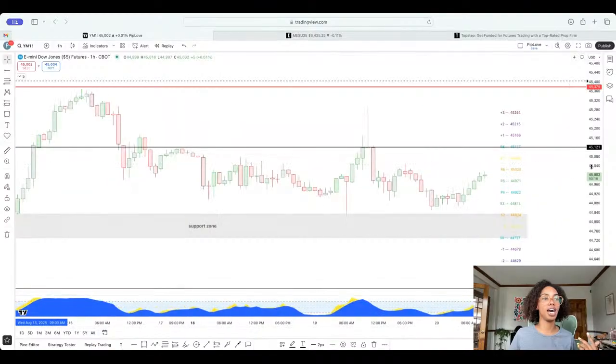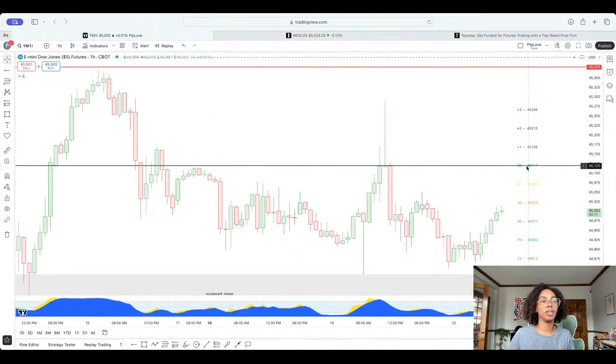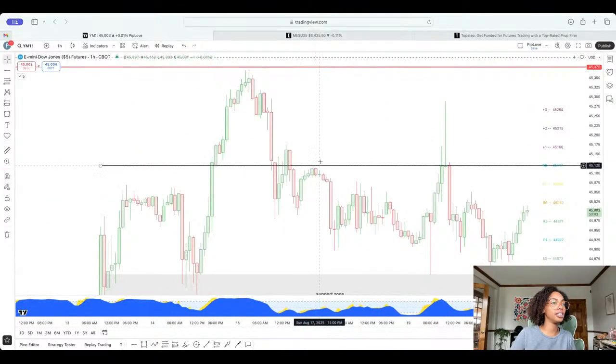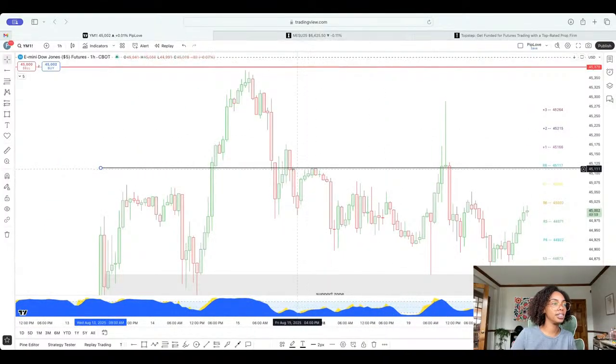If you're trying to find your key levels in the market, you can put a horizontal line here at the R8, which just so happens to be 45,120. Then you adjust it, moving it up or down so that it aligns with the actual candles. So use your pivot levels as your guide, but don't use those exact numbers. Definitely look to the left, look at your candlesticks and see.